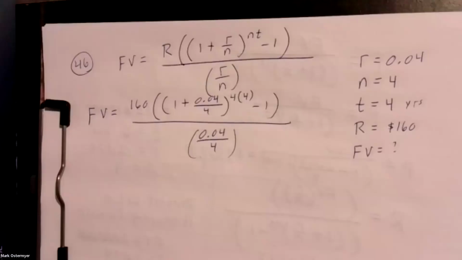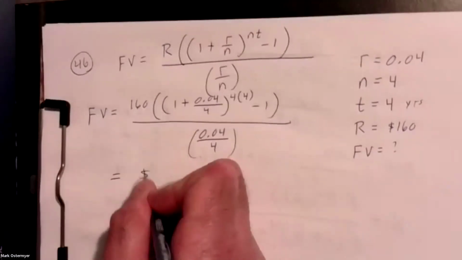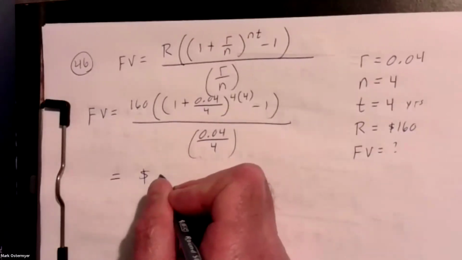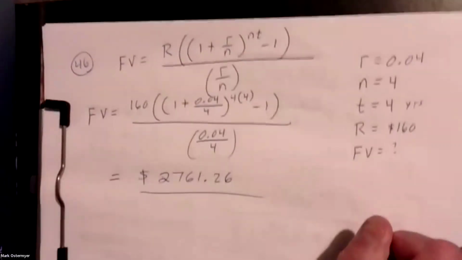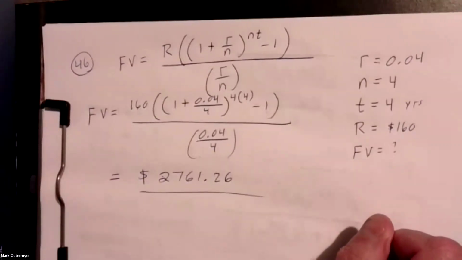$2,761.26. Is that what that was? All right, so what'd you get now? $2,761.26. All right. So that would be the future value of this annuity.